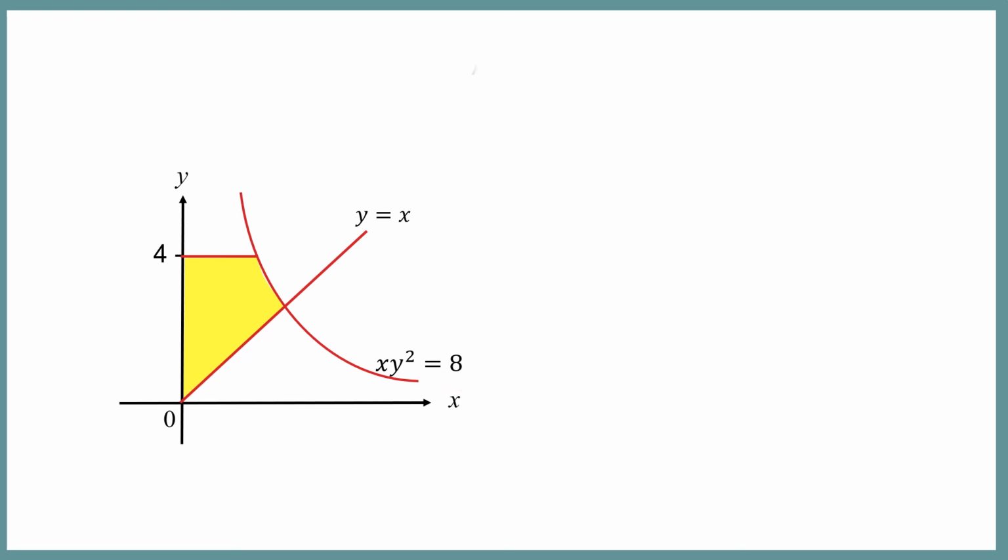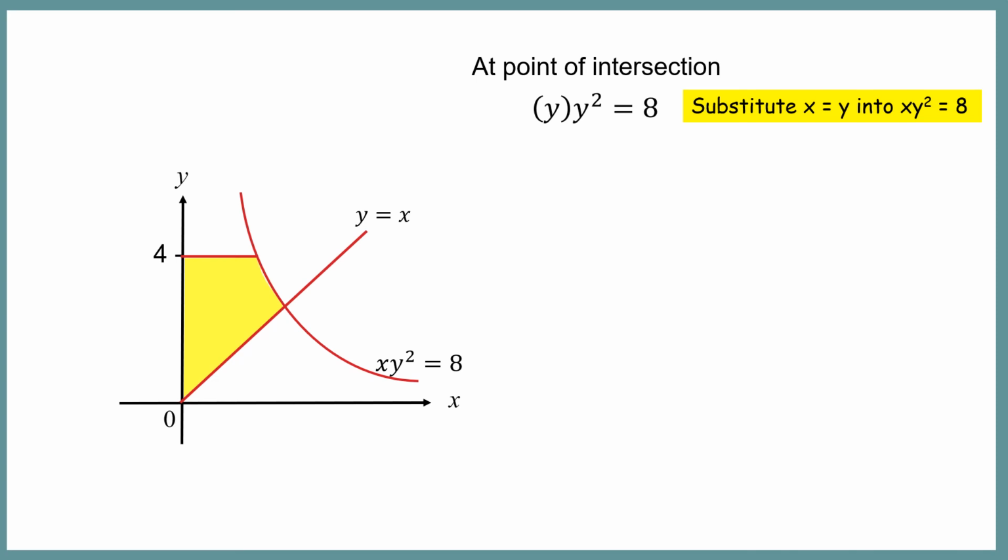This is done by substituting x equal y into the equation xy squared equal 8. Thus, we have y cubed equal 8, y is 2. When y is 2, x is 2.